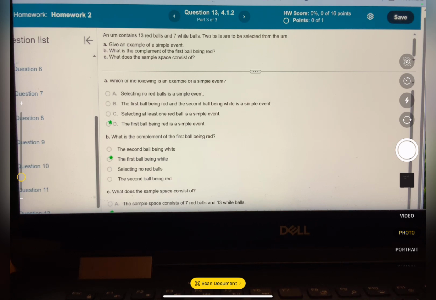Therefore, indeed, the first ball being white is the complement to the first ball being red. It makes no sense even going through all other answers. It's nonsense talking about the second ball. Complement means it has to be the same ball but a different color. Okay, next one.